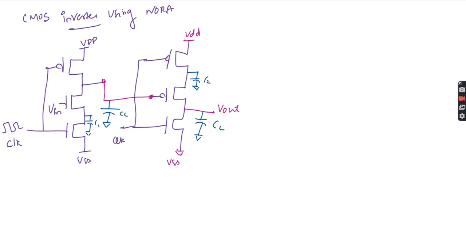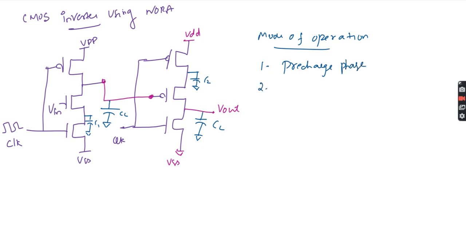Now, when you go for the dynamic case, first the output will be precharged. The mode of operation will be in two ways. The one is the precharge phase. The second one is the evaluation phase.